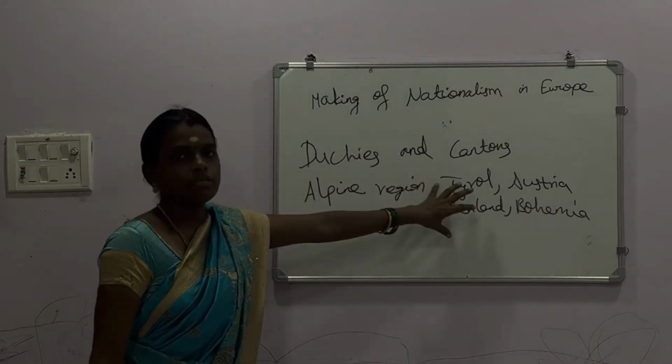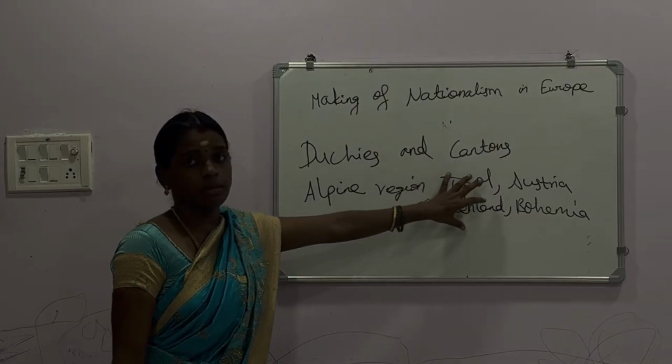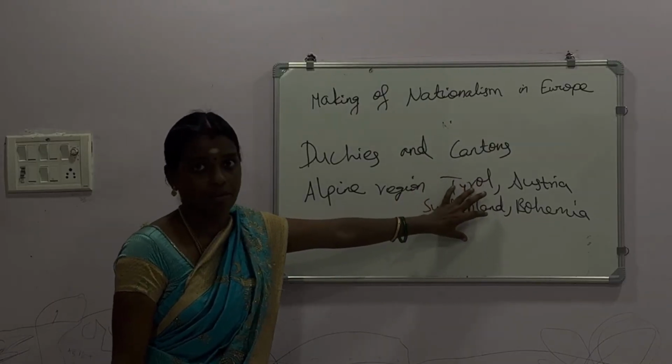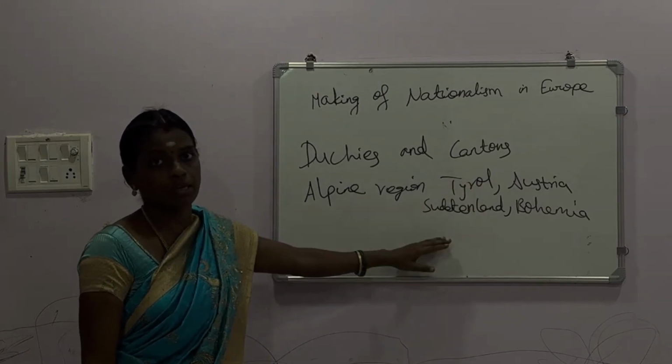These were the places comprising the Alpine region. The people of these provinces used to speak the German language. Most of the people in the Alpine region spoke only German.